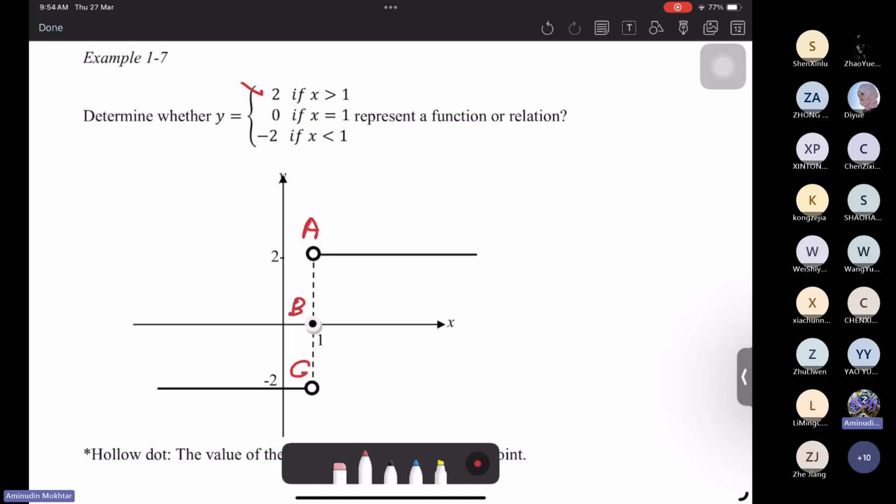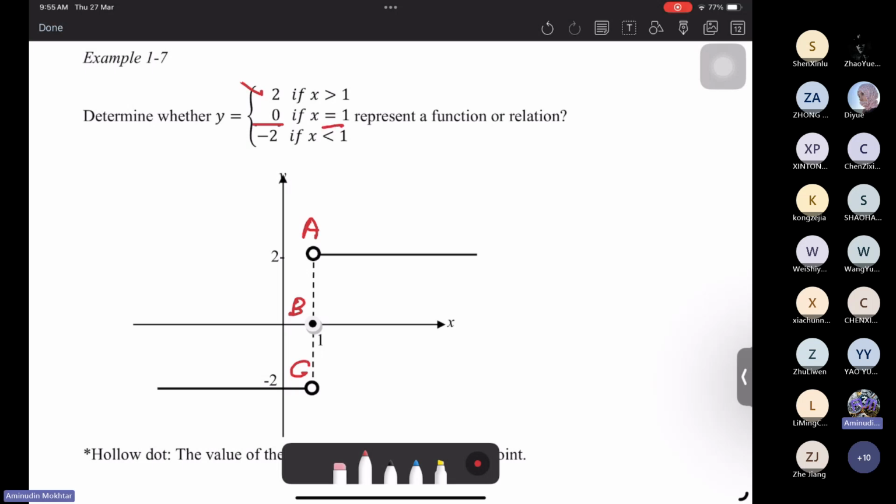Again, y equals 2 when x is greater than 1, meaning when x equals 1.1 and above, 2, 3, and so on, the value of y is equal to 2. But when x equals 1, y equals 0.